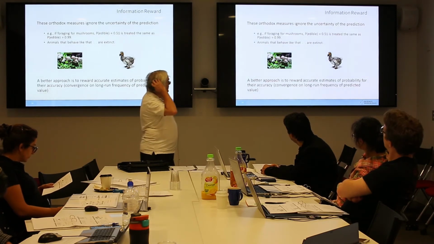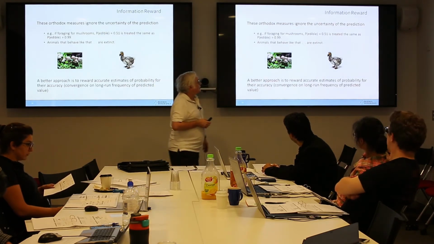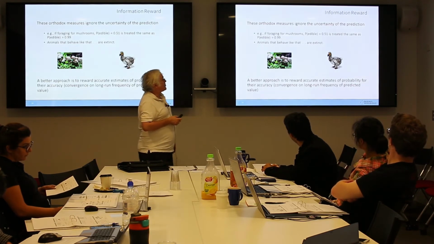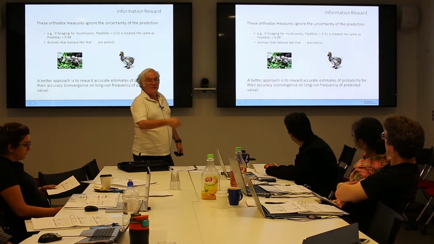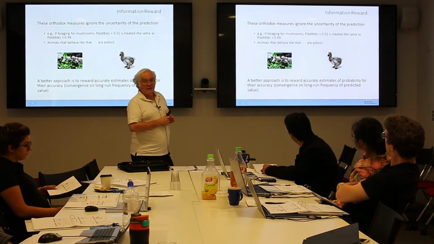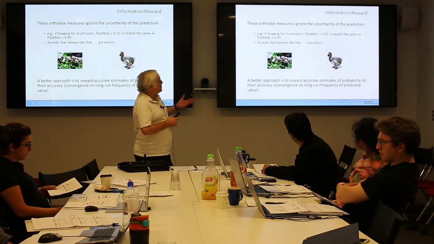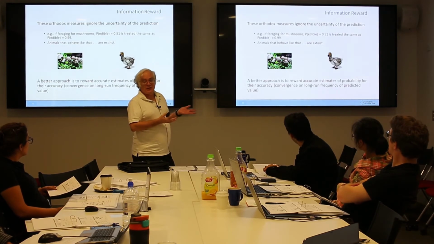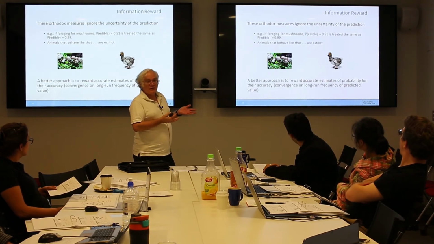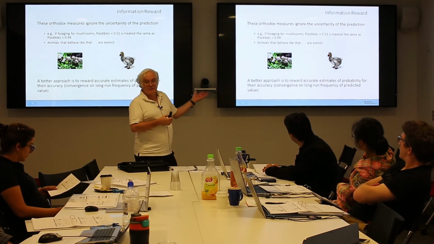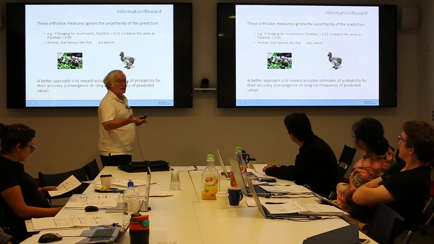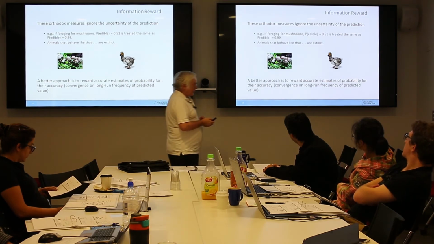But of course, if you think about misses, if you actually decide on the basis of a 0.51 that it's edible and you behave that way and eat the mushroom, then you're putting your life at considerably more risk than a more conservative decider, right? So the probabilities are not the same, and they shouldn't be assessed as the same. If you assess them as the same, you can't distinguish between something that's basically taking absurd risks and something that's behaving rationally. So that's not great.